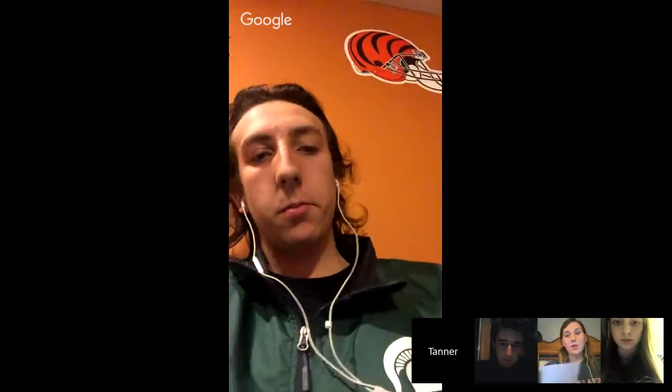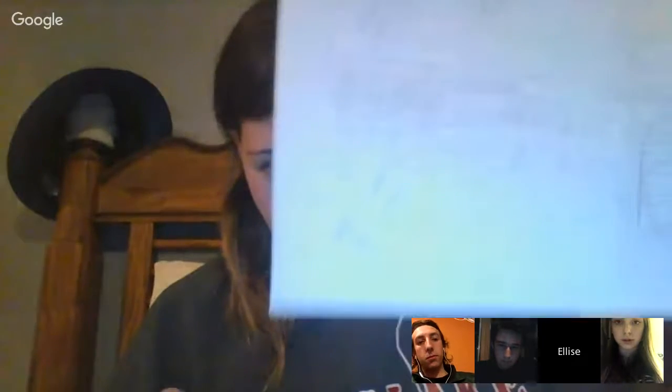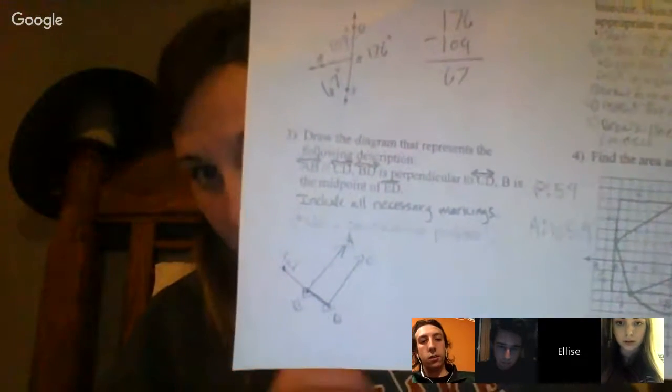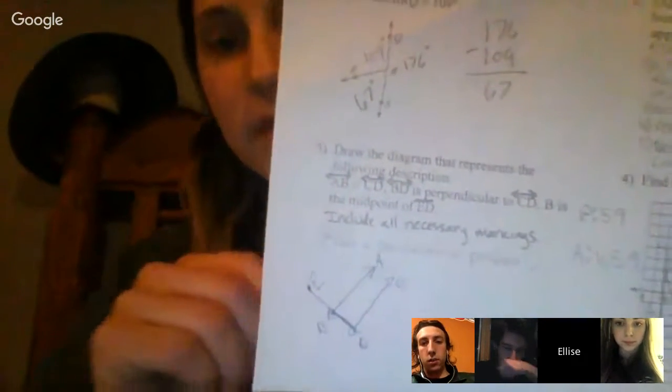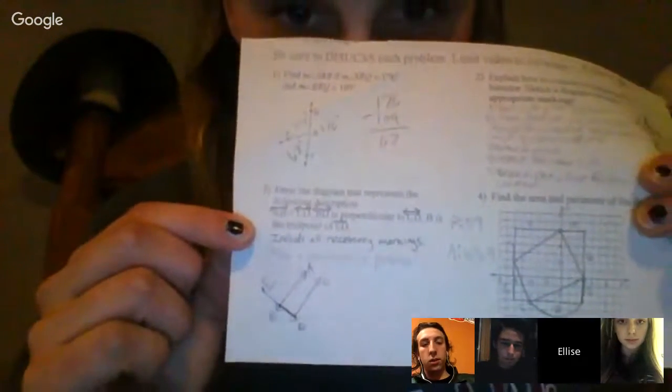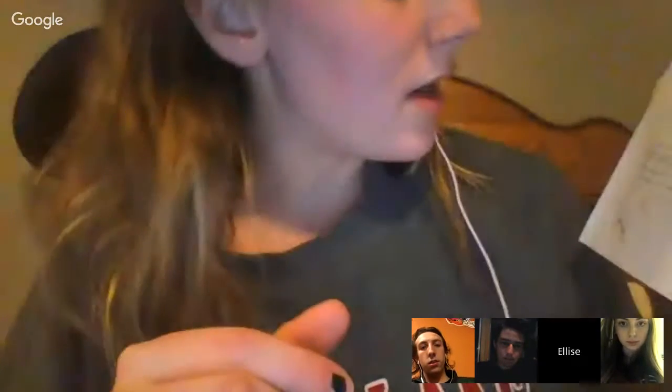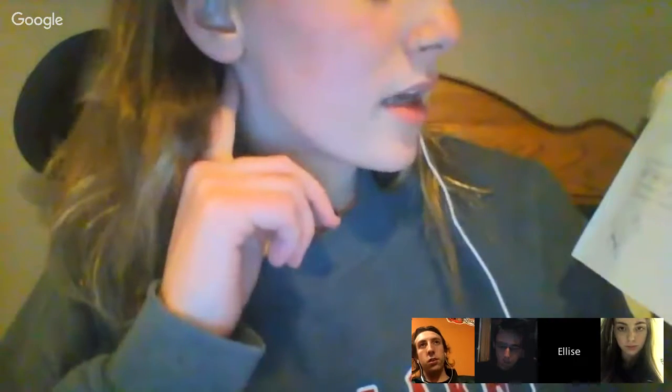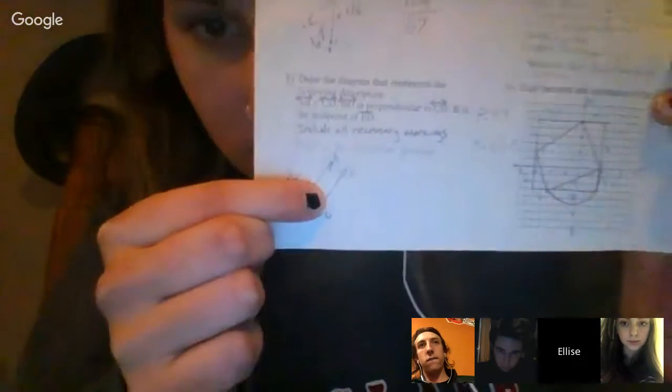Okay, number 3. It said draw a diagram that represents the following description. I don't have my phone, so I don't know if you can see that. So I have line AB parallel to line CD. That's the main one.